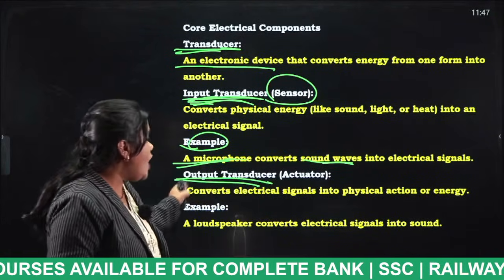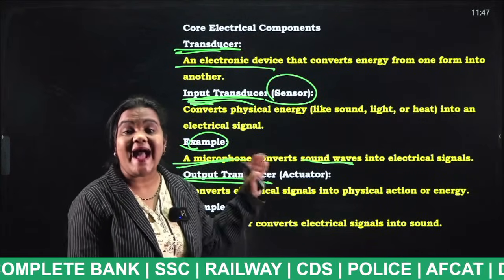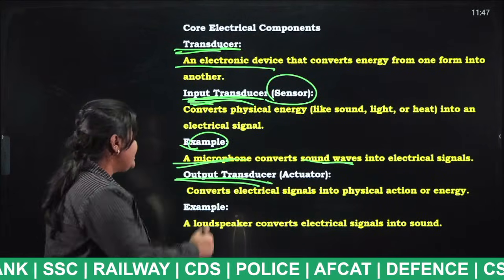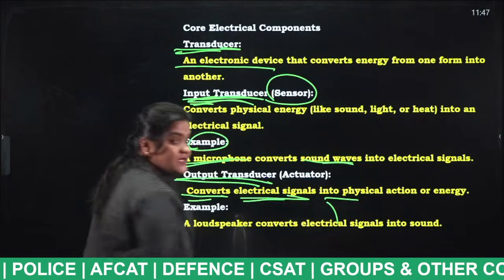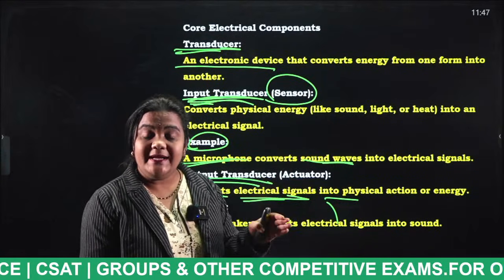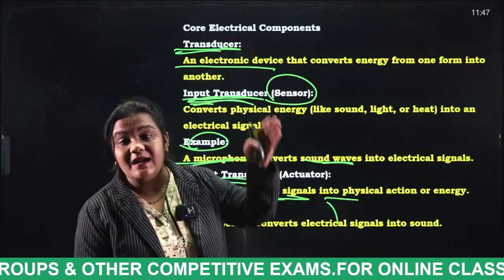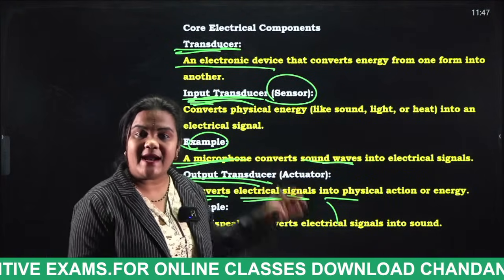Next, the output transducer. The best example for an output transducer is an actuator. What is it doing, students? It is converting electric signals into physical actions, the reverse. In an input transducer, it converts physical actions to electrical signals. So what is happening in an output transducer, students?